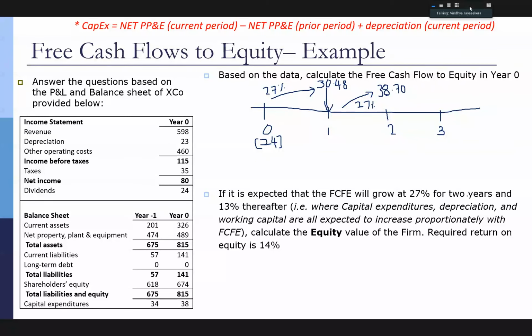So first year growth, second year growth, and then 13%. This assumes that you will make that assumption indefinitely thereafter. So now you come to the constant growth stage, and this is going to grow at 13% forever.